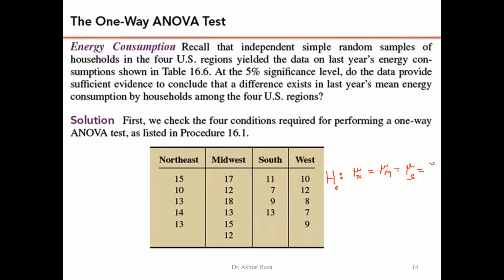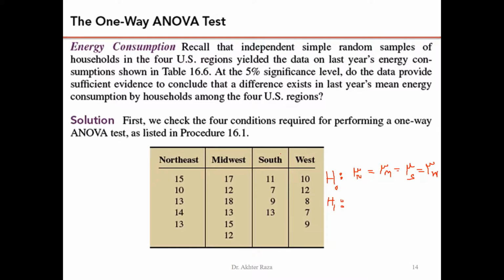These 4 regions have the same average consumption of power. This is the null hypothesis, against the alternative that at least 2 regions have unequal average consumption of electricity. That is the alternate hypothesis we have.